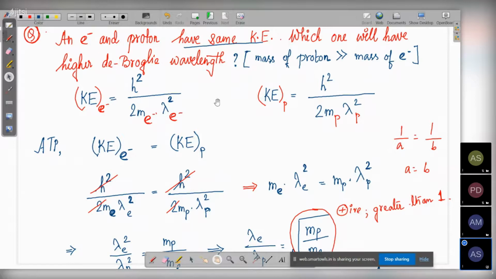So this was the question. Now let us see, this is all about de Broglie. Now we'll see the next topic, which is the Heisenberg's uncertainty principle.